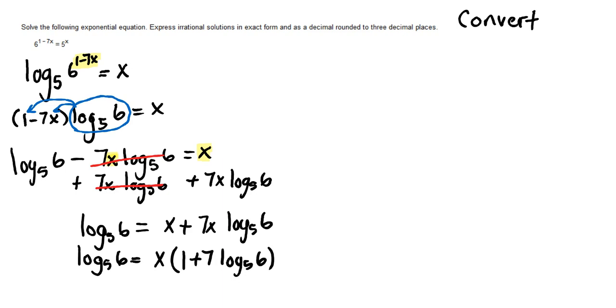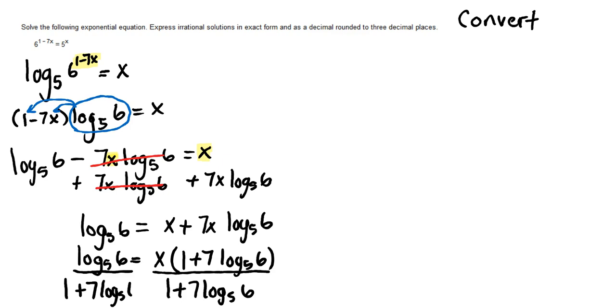And now I can get that x by itself by dividing by what's in the parentheses, 1 plus 7 log base 5 of 6. I'm going to do the same thing on the other side. That cancels out what's next to x, and now I'm left with my solution.